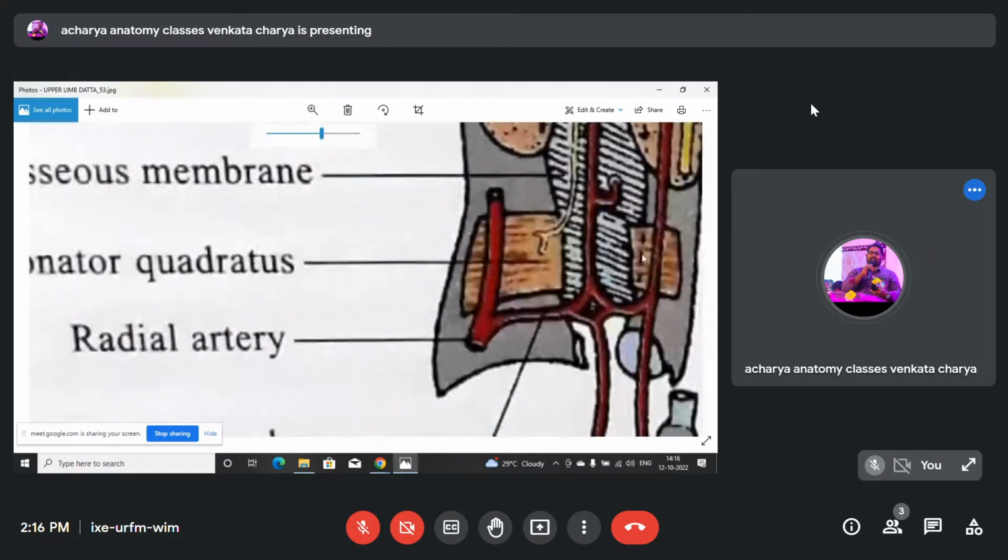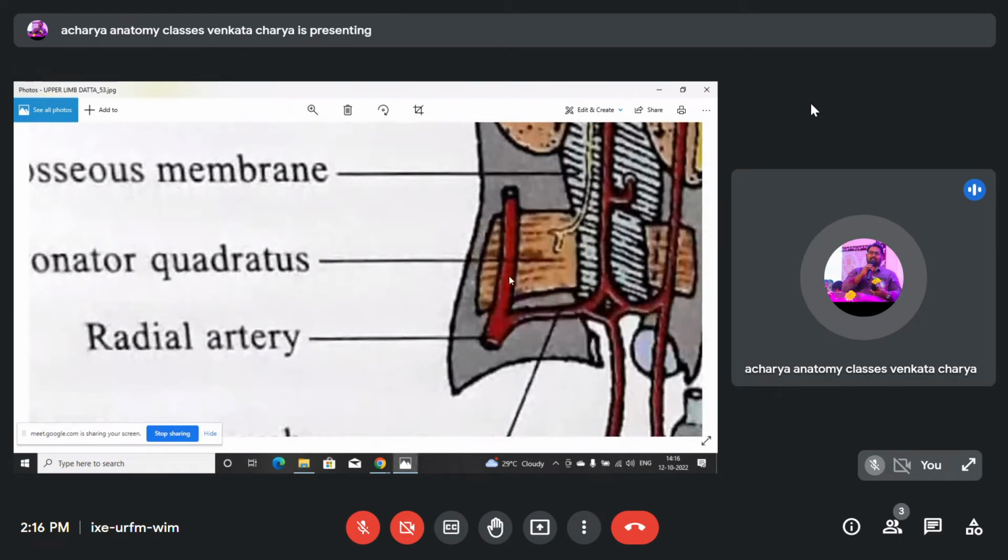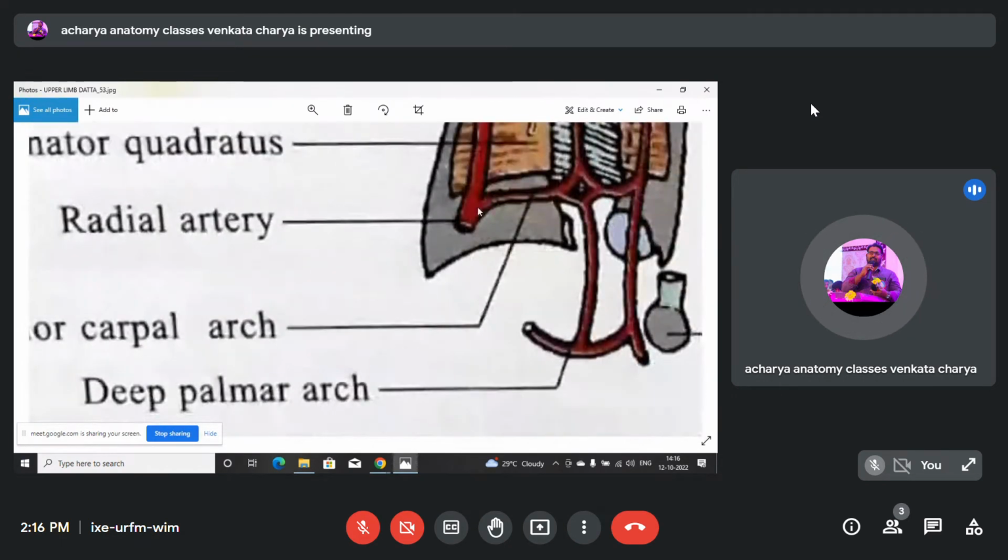See here. So this one is a radial artery. So radial artery gives one anterior transverse branch.